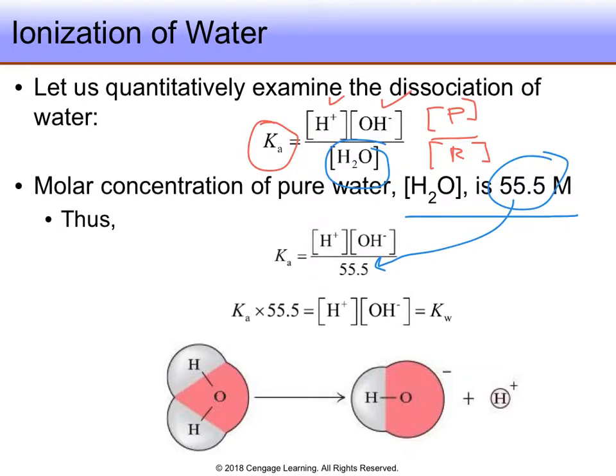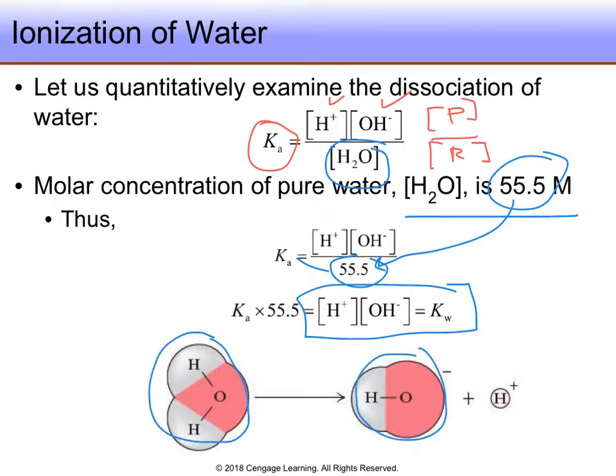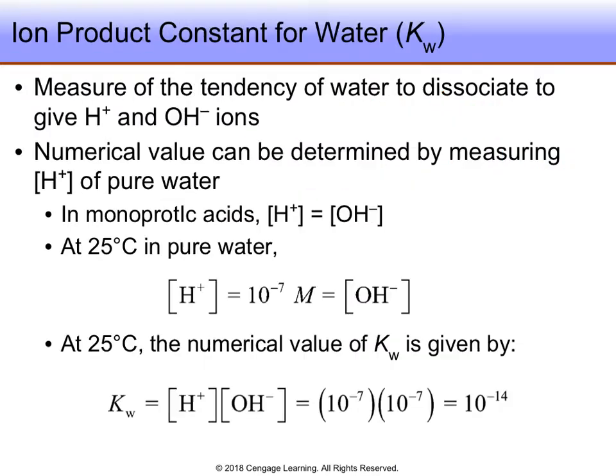If we solve for Ka times 55.5, we get the product of the concentrations of your H plus and OH minus equal to the Kw for water. Another way to look at this is a representation shown here, showing the complete molecule of water and how it dissociates into the base and then your proton.